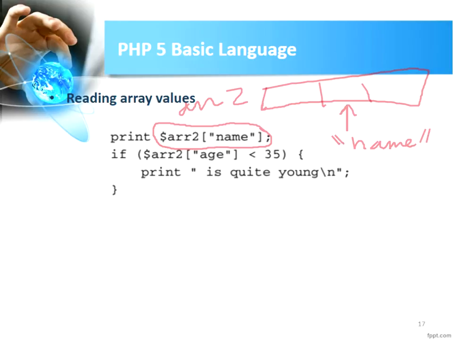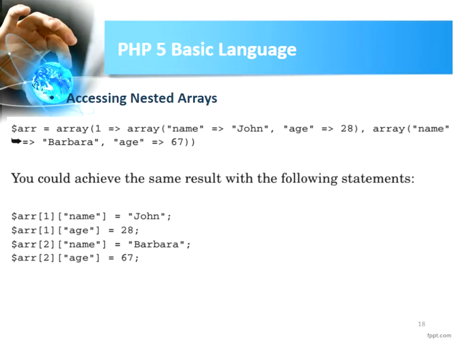This instruction means I want to print the value of array 2 at the index name, so this information will be displayed. Okay? I can write if array 2 age is less than 35, print is quite young. Any questions about this slide?